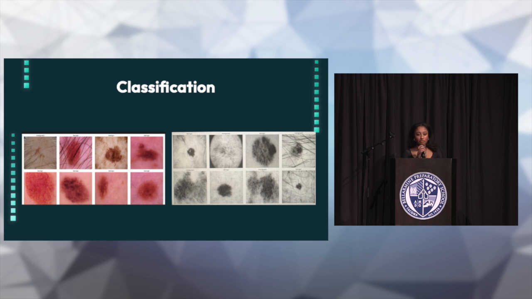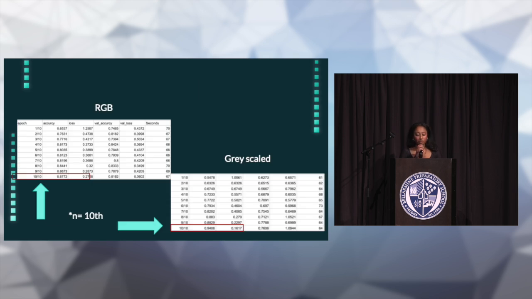I ran 2 of the same algorithm, except one was altered to output and interpret the files as grayscale images, as displayed on the right. The algorithm was able to measure accuracy, loss, validation accuracy, and validation loss, as well as how long each epoch took.